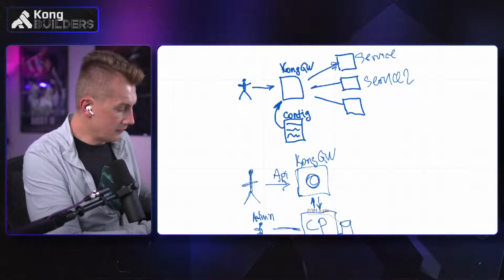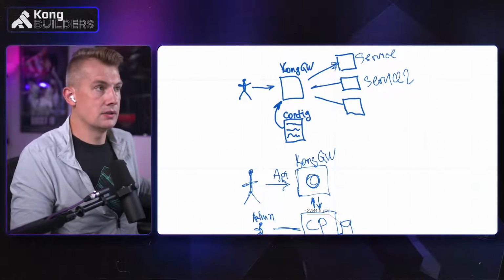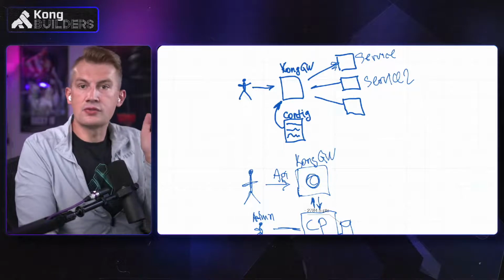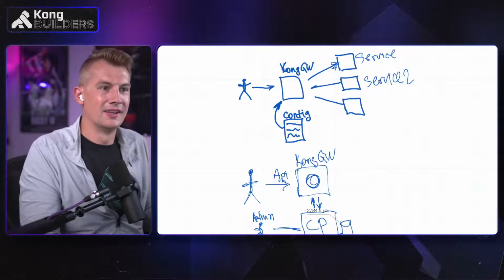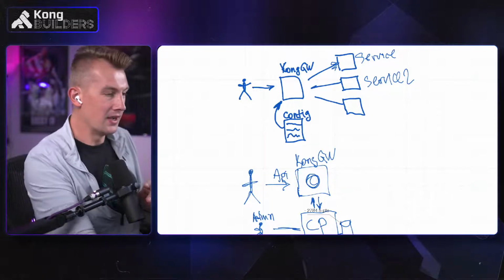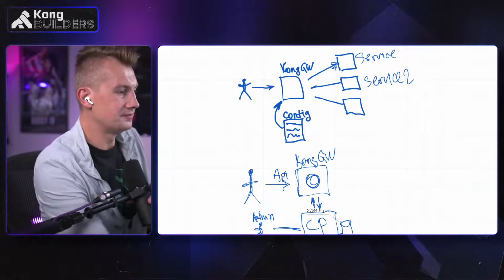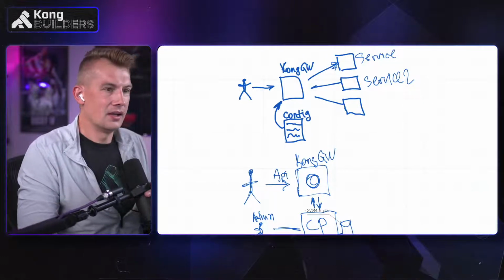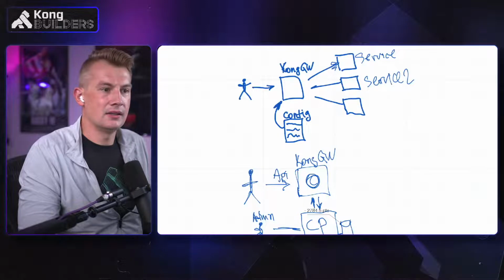In many streams that I did in the past, a few streams back, maybe a year ago, I used this thing called a control plane for our Kong. It's called Kong Connect. It's in the cloud.